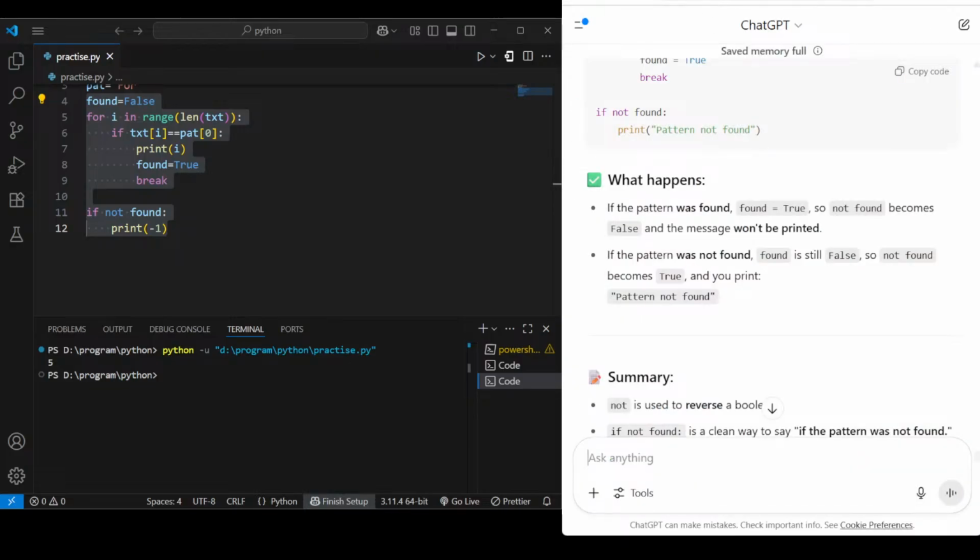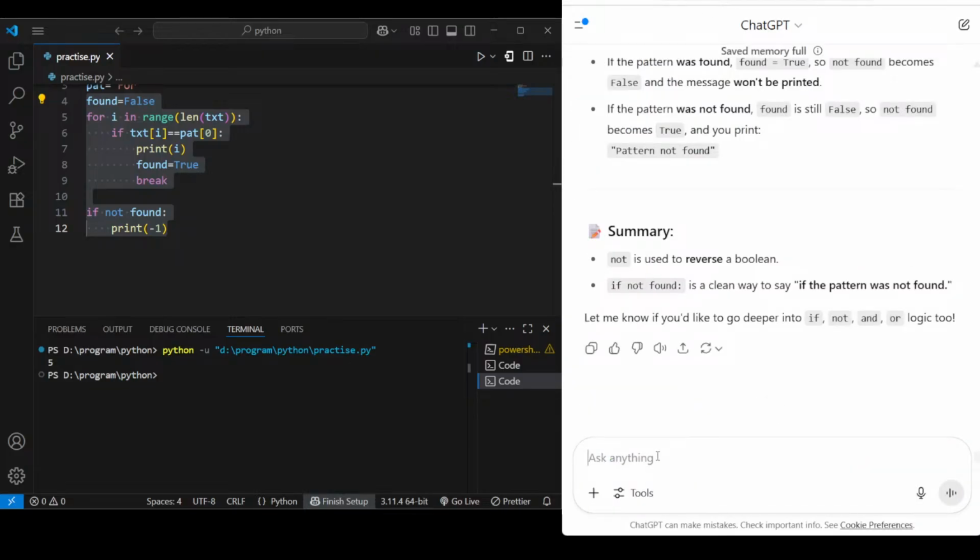Wait guys, I have a small doubt again. Step by step execution with explanation.